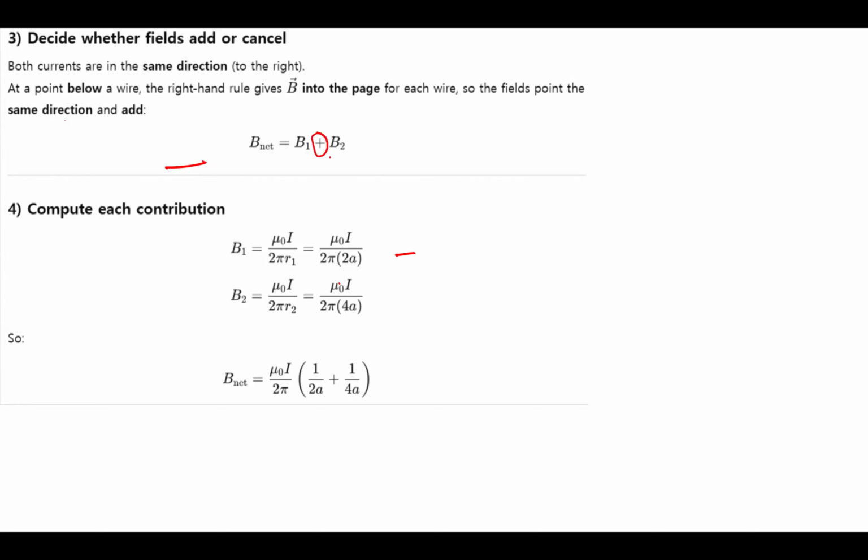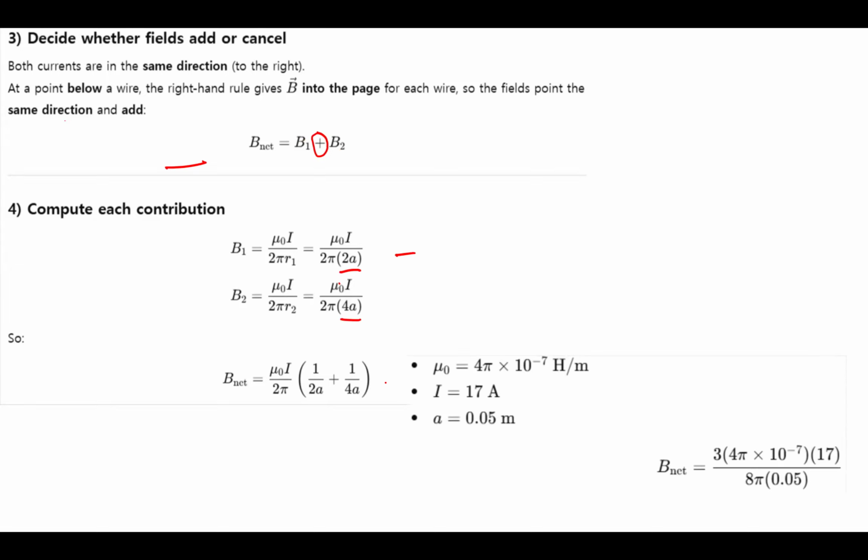Note that in the previous case it was a subtraction, but in this case it's the addition. So you need to know the direction of the magnetic field, and then if you plug in the R here, you can find out the value. Note that it is given with these units to get the right answer.